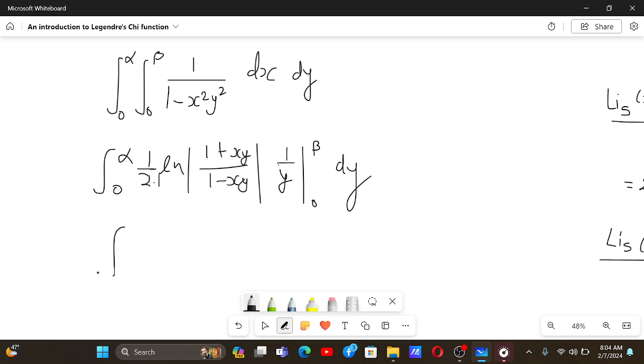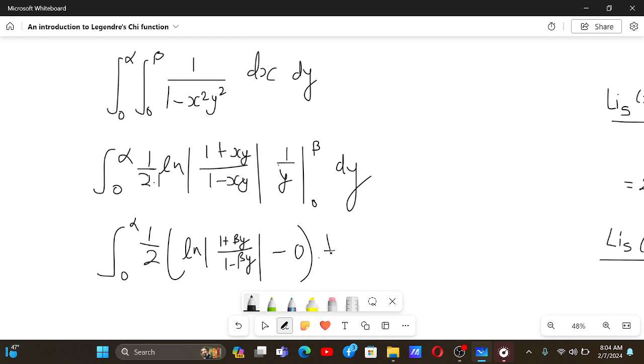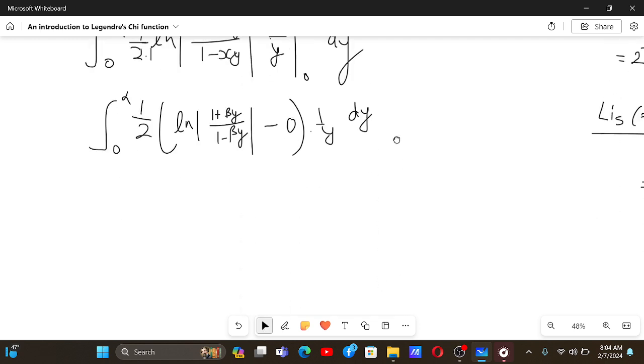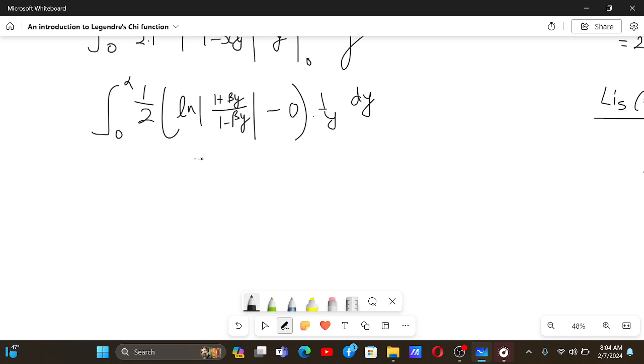The integral from 0 to alpha, 1 by 2. Now we substitute x as beta, so we have ln of 1 plus beta y by 1 minus beta y, minus at 0, this is ln 1 by 1, and ln 1 is 0, and then times 1 by y dy. Now for this integral we can first let z be beta y, so dz by beta equals dy.